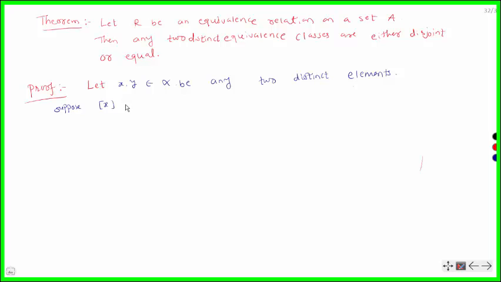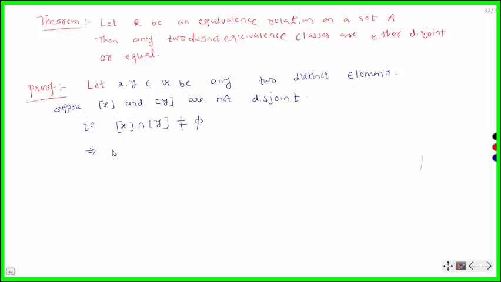So suppose the equivalence class containing x and the equivalence class containing y are not disjoint. Means what? That is, the equivalence class containing x intersection the equivalence class containing y is not empty. That is, some element belongs to the equivalence class of x and also to the equivalence class of y.